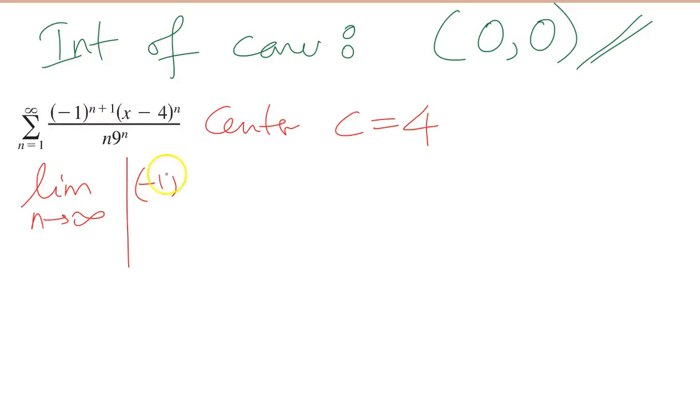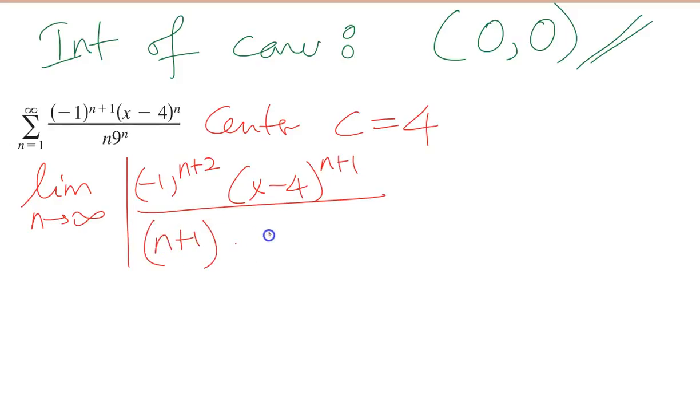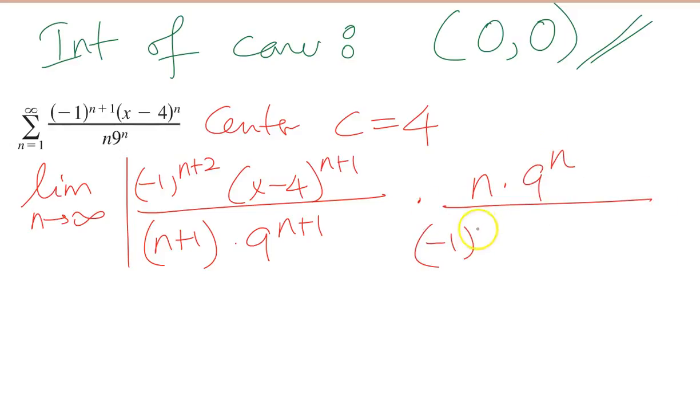When n is replaced by n plus 1, that becomes n plus 2. (x minus 4) to the power n plus 1, then n plus 1 times 9 to the power n plus 1. That's a_(n+1) divided by a_n. Flip and multiply: n times 9 to the n over negative 1 to the power n plus 1, x minus 4 to the power n.